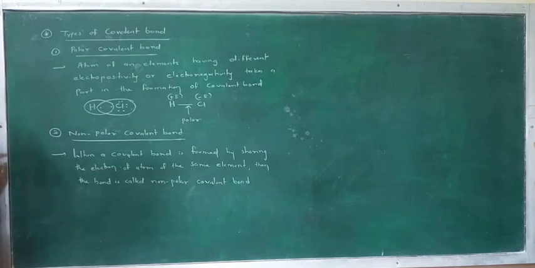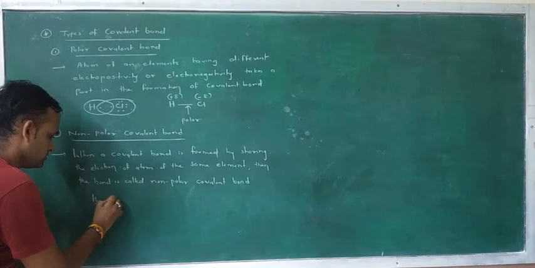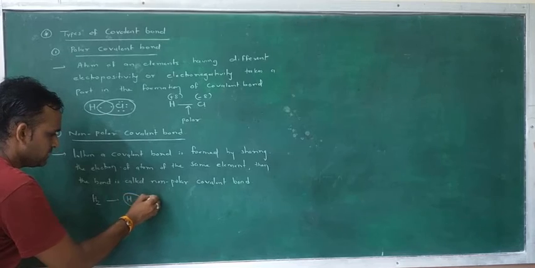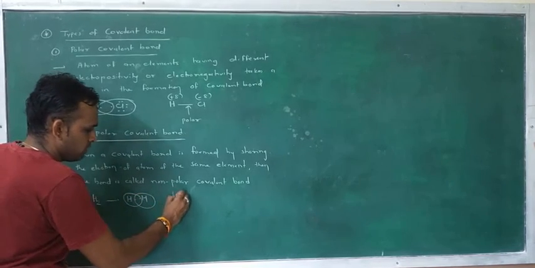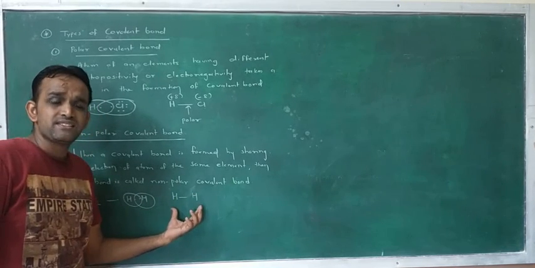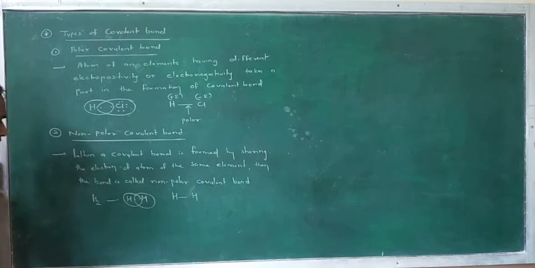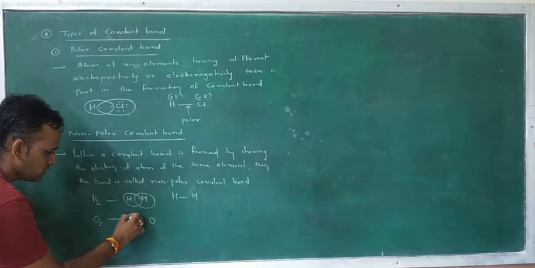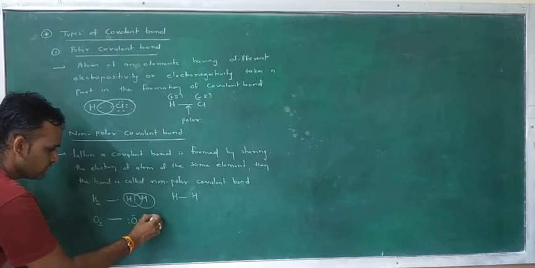As for example, just like H2, that is H, here also H. Same electronegativity is there. So whatever bond it can form, that we can say is non-polar. Why? Because there is no difference between the electronegativity of the two atoms, right? Same way, if I take O2, so oxygen and oxygen, 1, 2, 3, 4, 5, 6 and 1, 2, 3, 4, 5, 6.